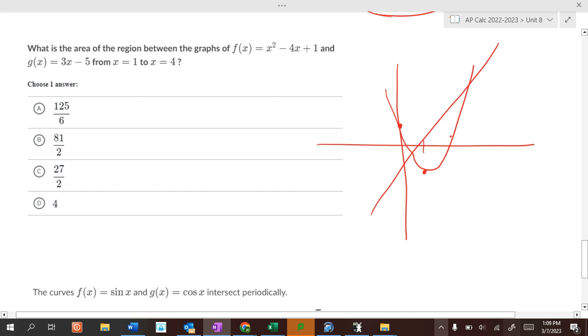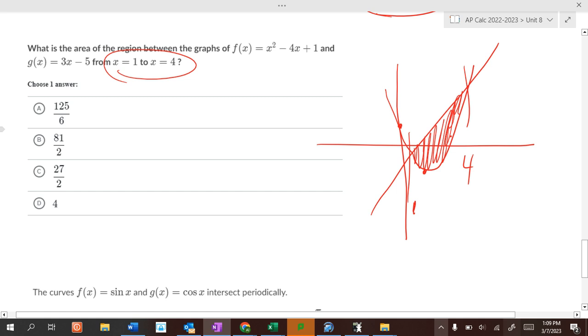So you have a graph that's going to look somewhat like this. You need to find the area in between the two curves from 1 to 4. They happen to come together at 1 and 4. They did this for a reason.